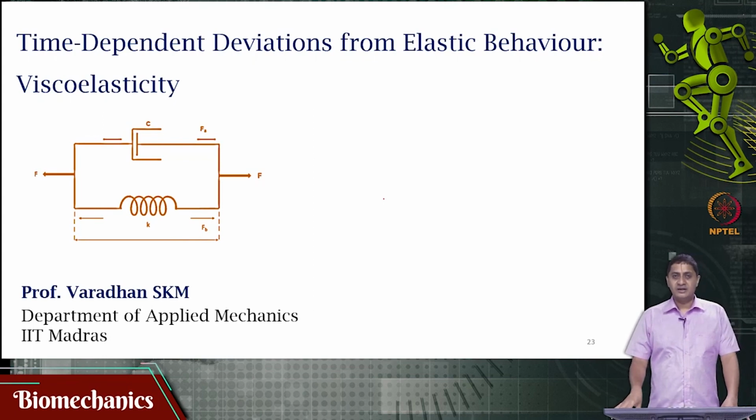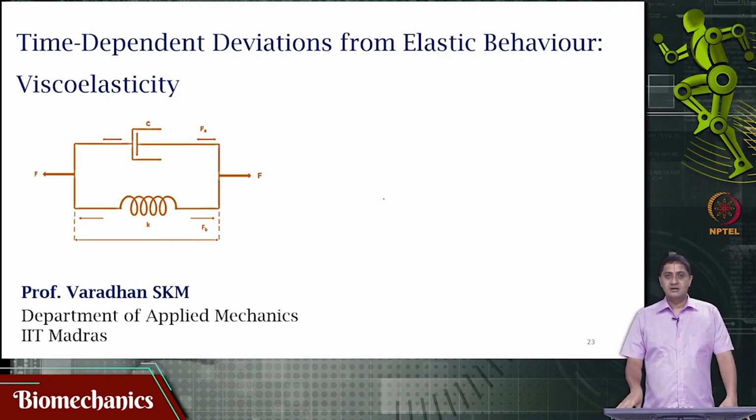We have been looking at viscoelasticity, that is biological materials exhibiting both viscous and elastic properties. In the last video, we looked at one model of viscoelasticity, which is the Maxwell model.